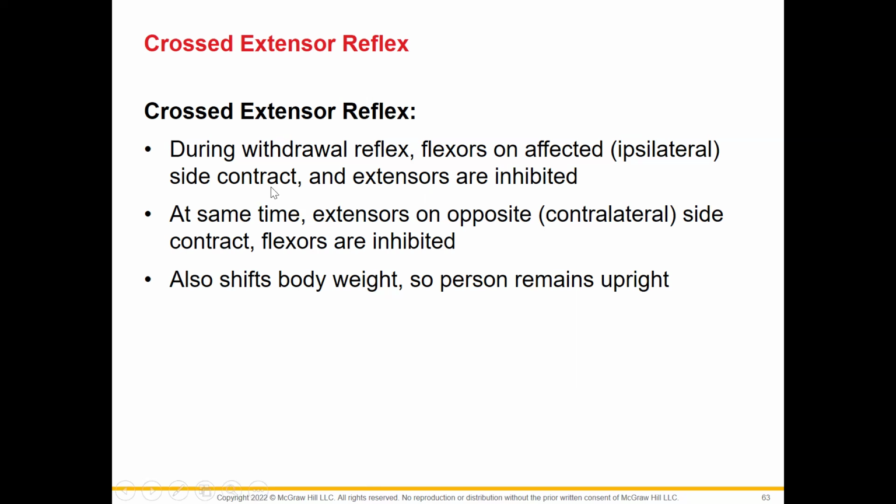At the same time, on the opposite side, the extensors are contracted and the flexors are inhibited. So let's say that I withdraw my right hand because it is touching the stove. But on my left hand, the biceps is inhibited and the triceps is contracted. So let's say I am stepping back, but I'm holding my arm out so that I don't fall. I hold my arm out and grab a table, or a wall.